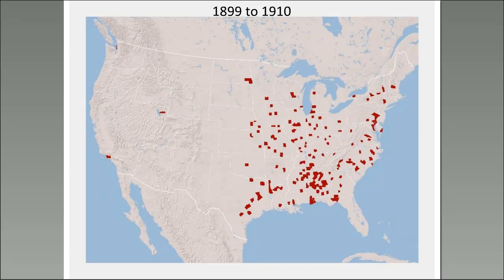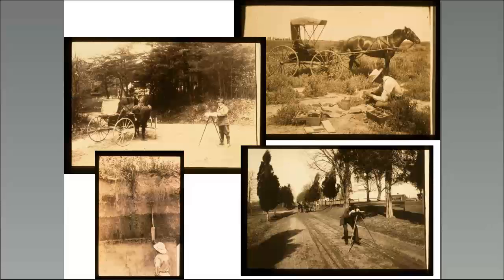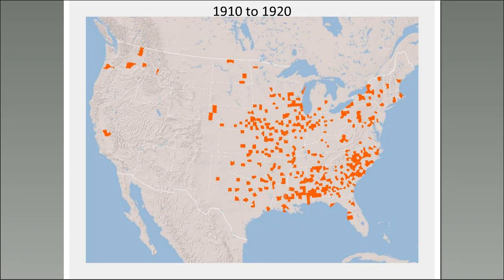But the thing that's unique, I think, about the National Cooperative Soil Survey is the number of people who have actually walked the landscape, digging holes, making maps, beginning in the late 1800s through the early 20th century. This is examples of people actually looking at soils, digging holes, making maps.